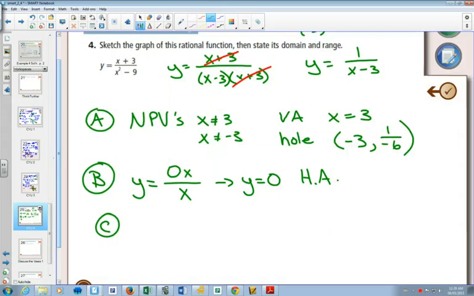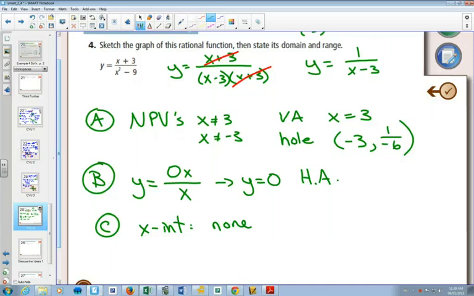Now part C, let's find our x-intercepts and y-intercepts. Our x-intercept will happen when our fraction is equal to 0. But once we've simplified it, can the numerator ever equal 0? No. So for our x-intercept, this one's going to have none.